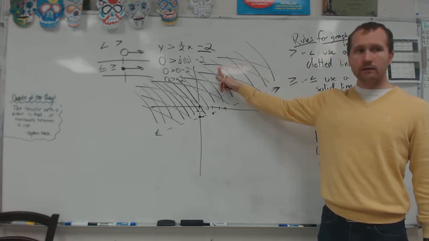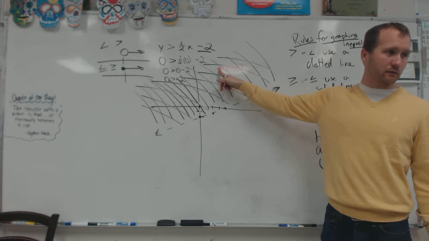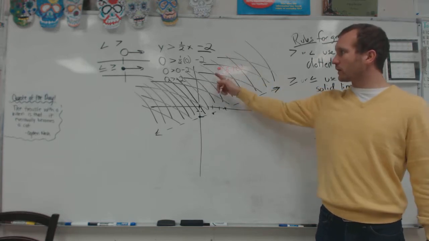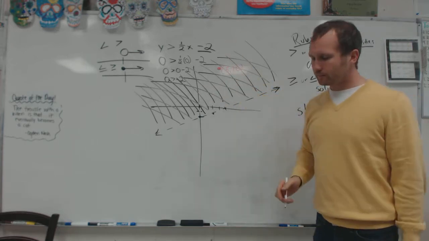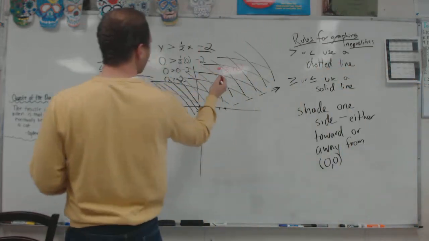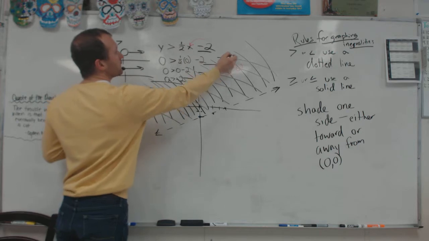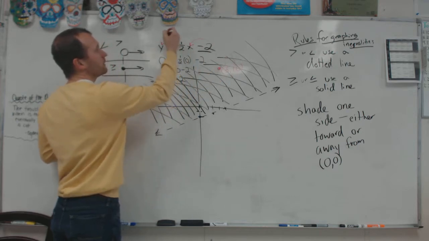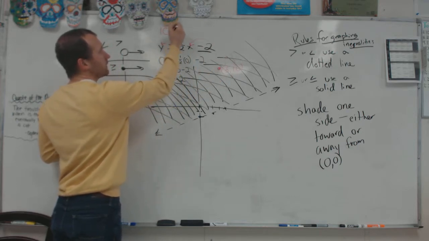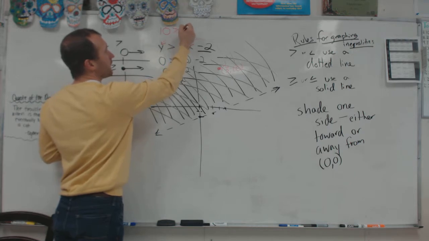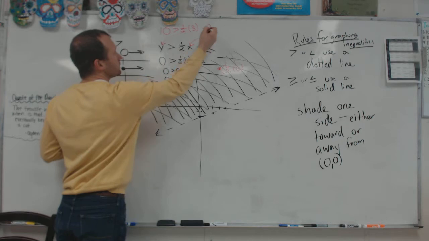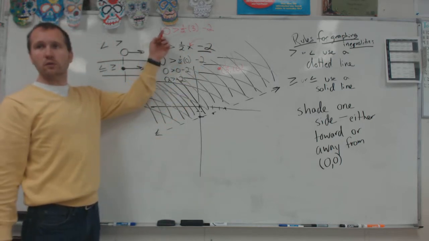There's infinite points over here, but that's one of them. If I take that point, 3, 10, and put the 3 in for x and the 10 in for y, I have 10 is greater than 1/2 of 3 minus 2. This is going to be true.